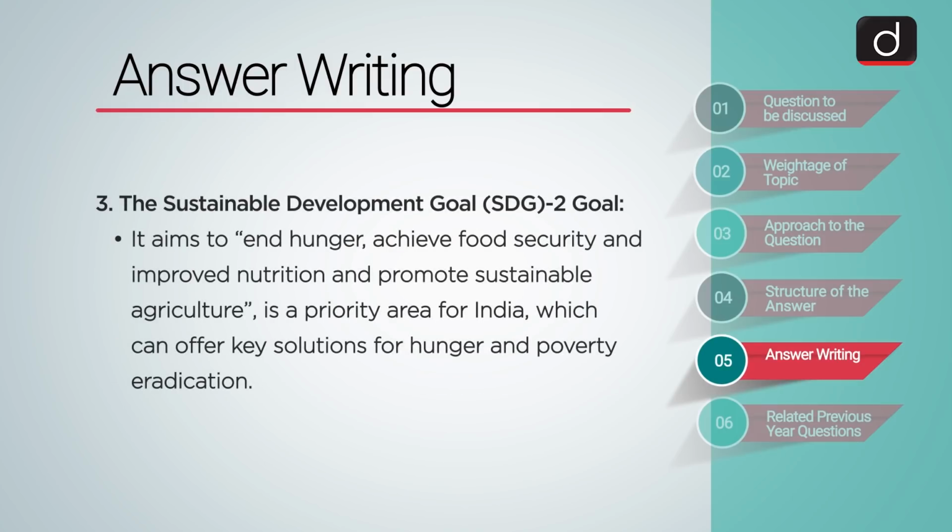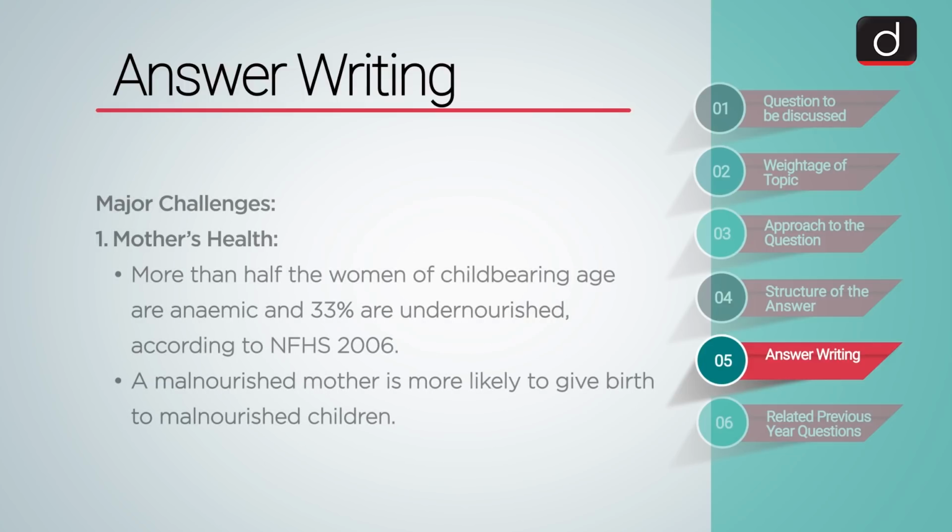The Sustainable Development Goal number 2 aims to end hunger, achieve food security, and improve nutrition and promote sustainable agriculture, which is a priority area for India and which can offer key solutions for hunger and poverty eradication. It also tackles the issue of malnutrition and undernourishment in the country. How India is still lagging and what are the major challenges. Mother's health.